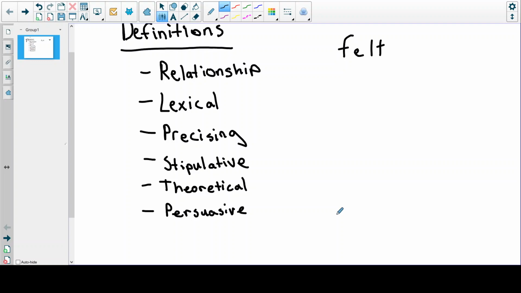It's used a lot in the media today, and is very effective in connecting the argument to the person's personal emotions. But be careful, because you don't want to go too far. Persuasive definitions are very persuasive.